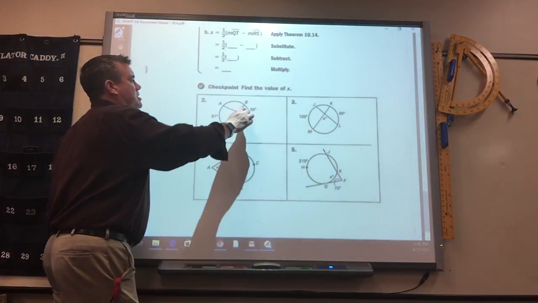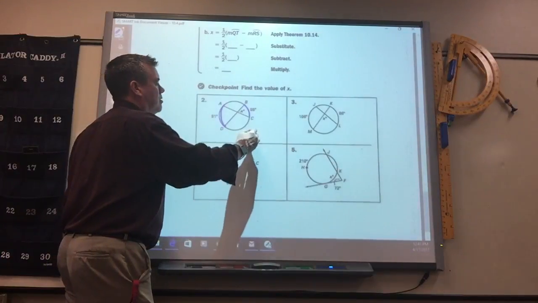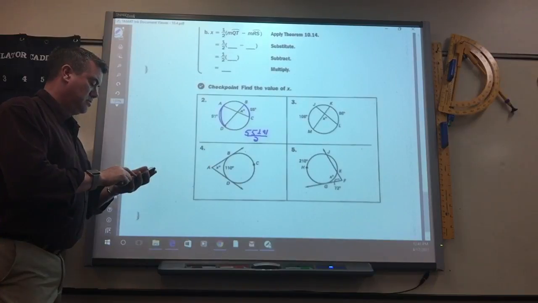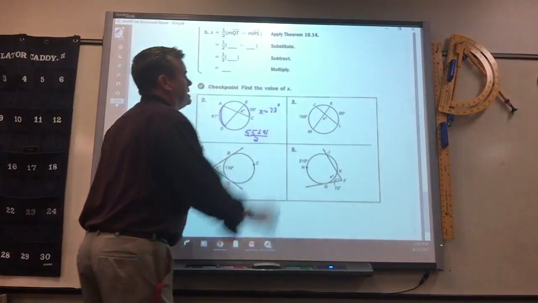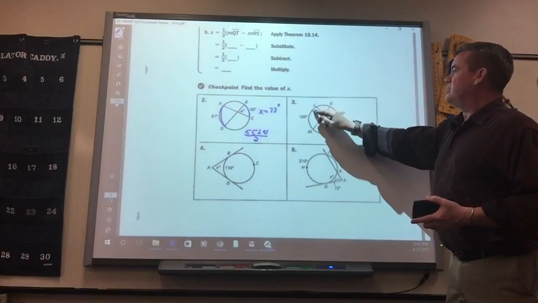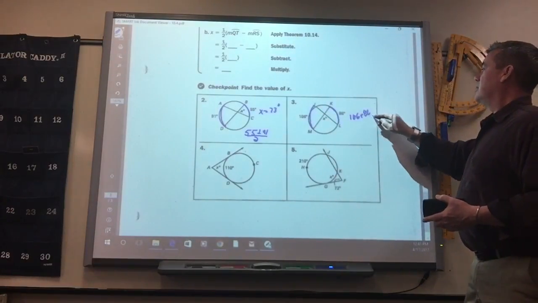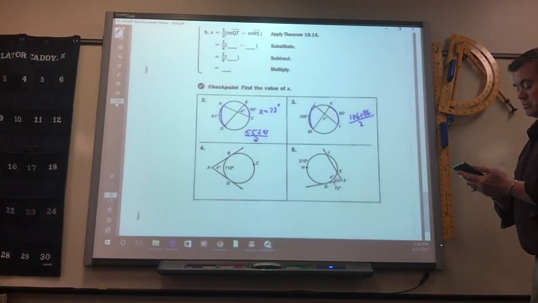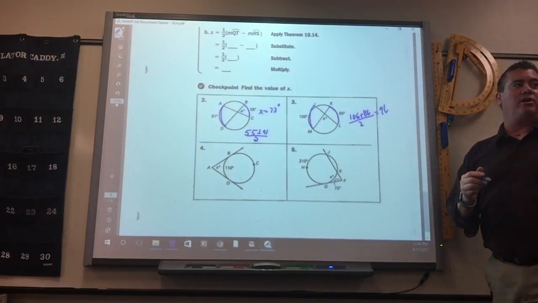Okay, so if it's inside, it's the arc it intersects plus the arc divided by 2. And you get x is 73. Now here's one like I told you about. If you take this arc plus this arc, divide by 2, you get 96, but that's not the one they're looking for.